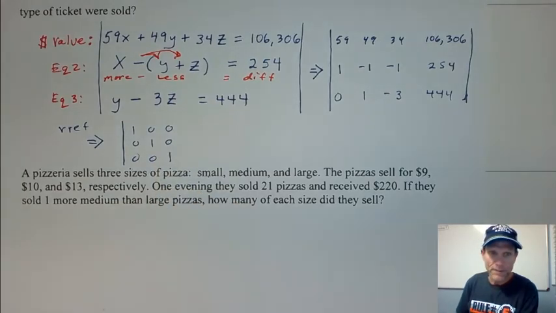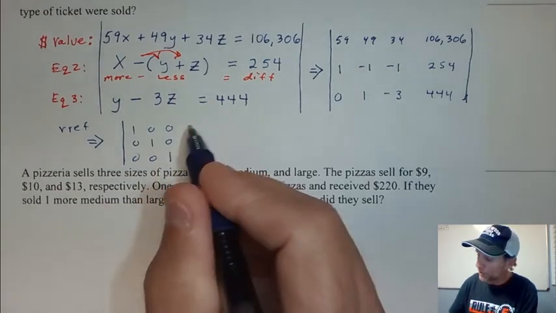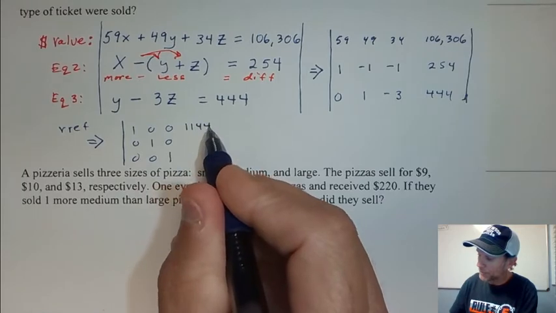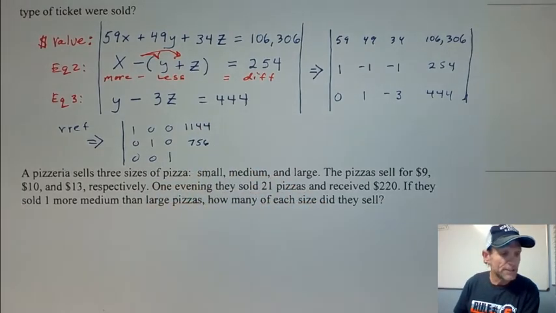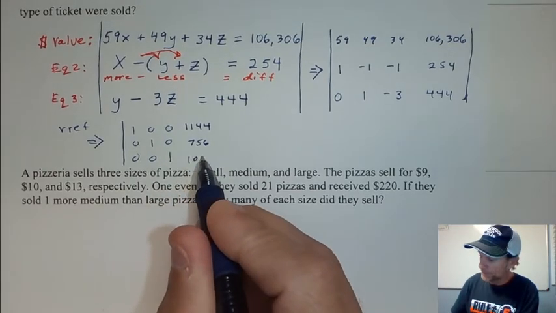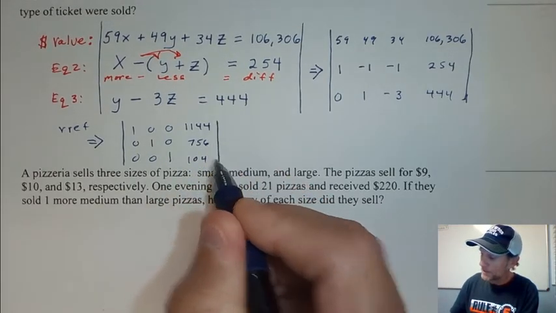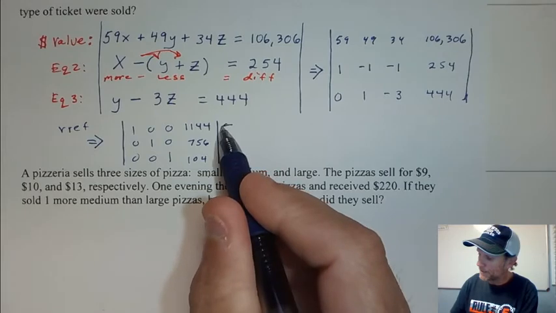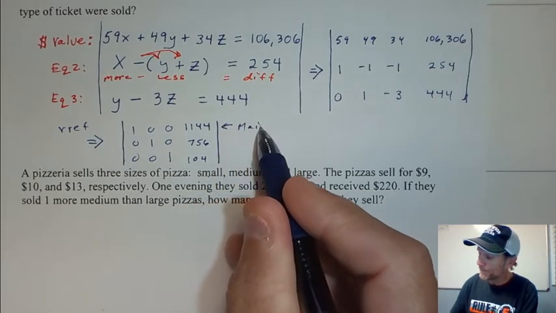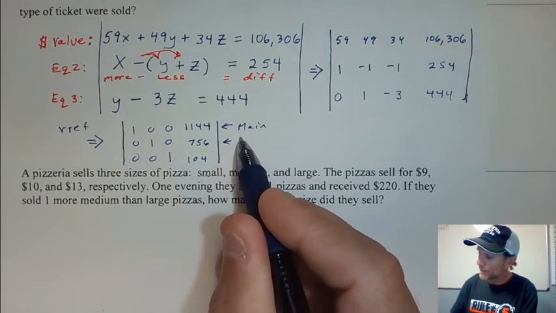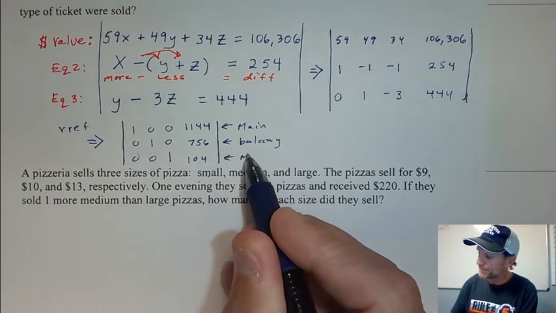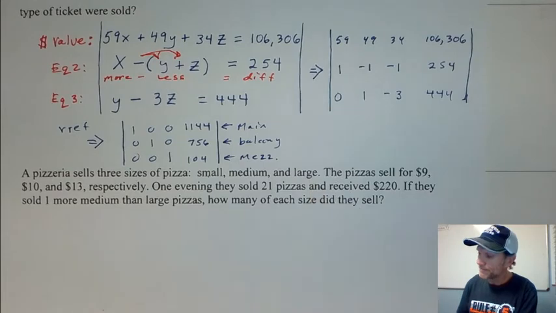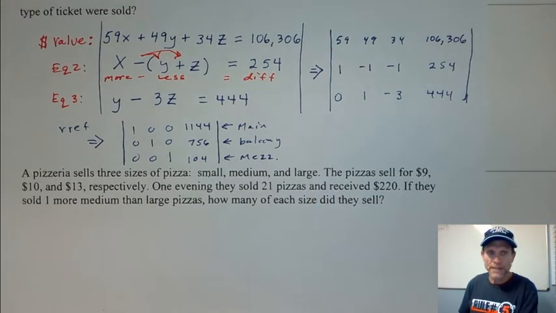You can practice this with ref on your calculator to see that you arrive at the same thing. So this would be our main floor. This would be our balcony. And this would be our mezzanine. Okay. So practice that one. It's tricky.